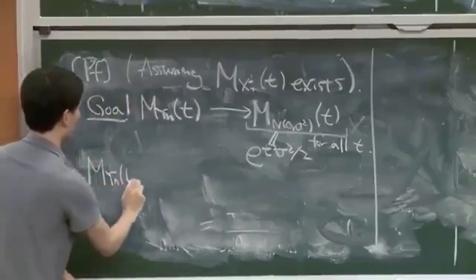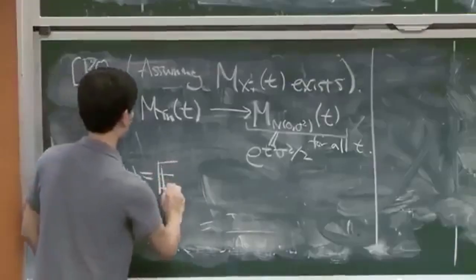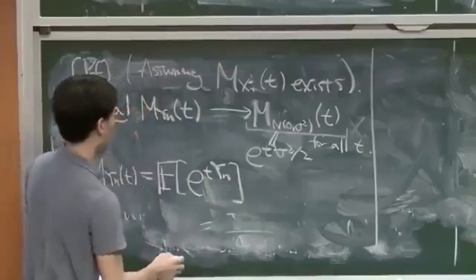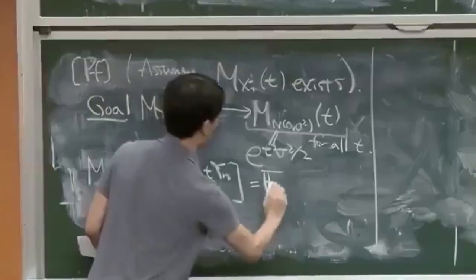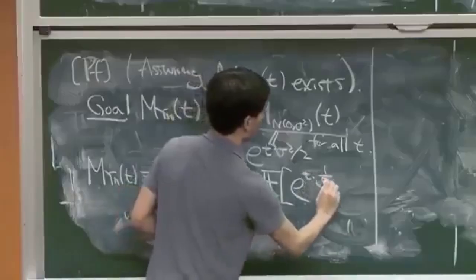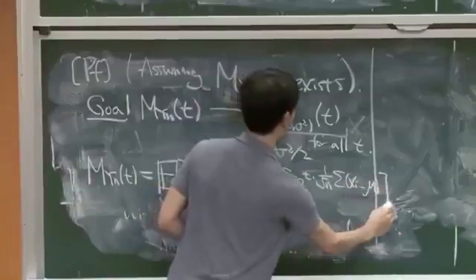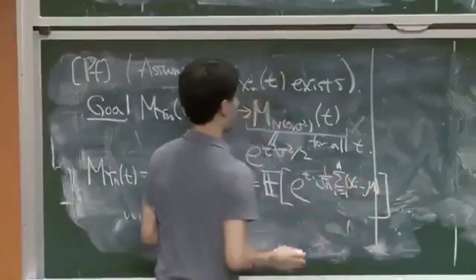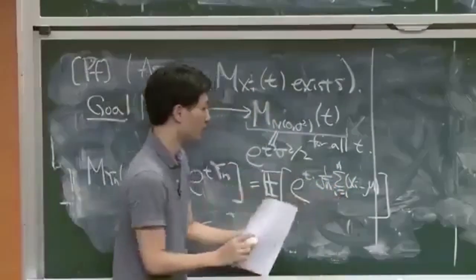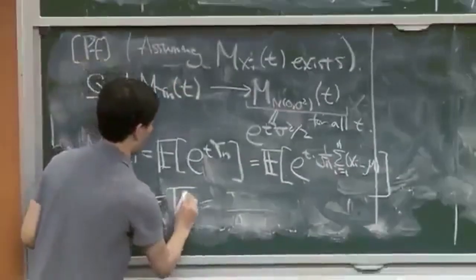Moment generating function of Yn is equal to the expectation of e to the t Yn, e to the t 1 over square root n sum of Xi minus mu.